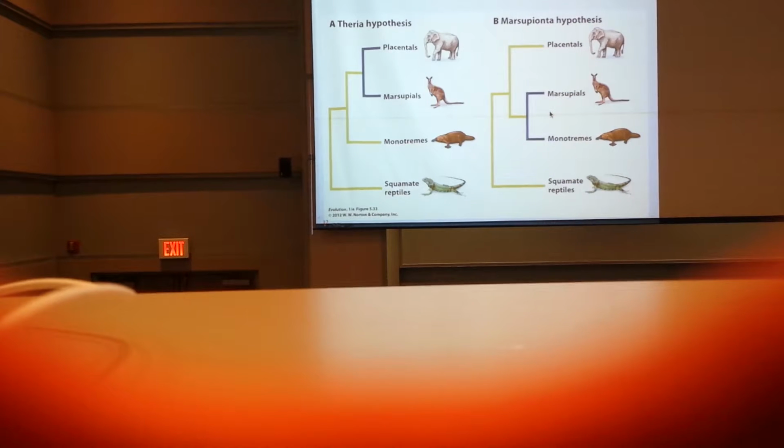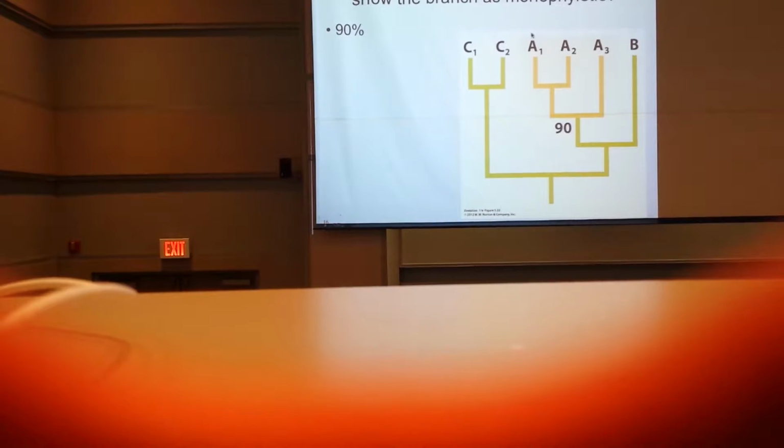So in this case, 90% of our bootstrap samples from our data, we found that the best tree always had A1, A2, and A3 together, 90% of the time. So that gives us a way to say, what's the likelihood that the A's are really a clade, that they really came from a common ancestor.